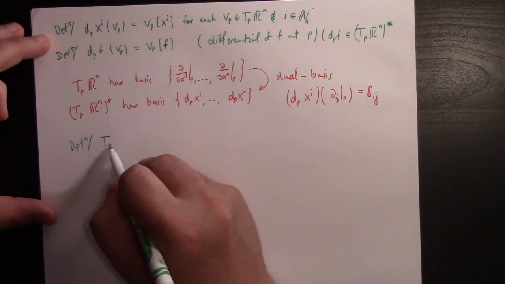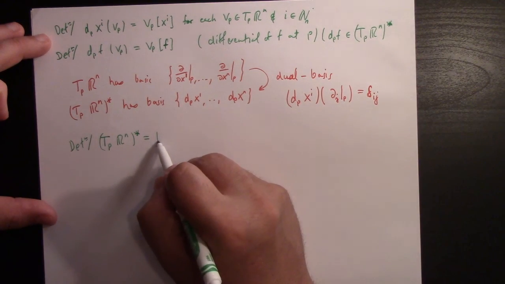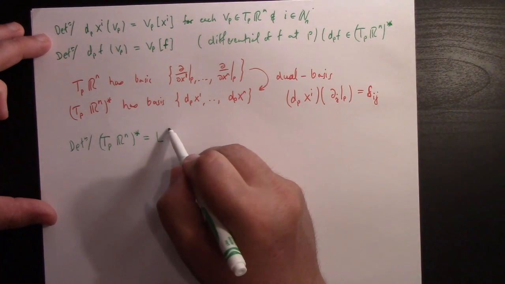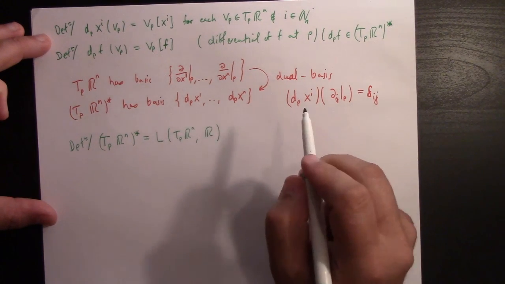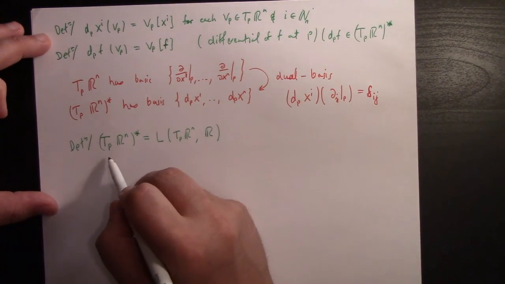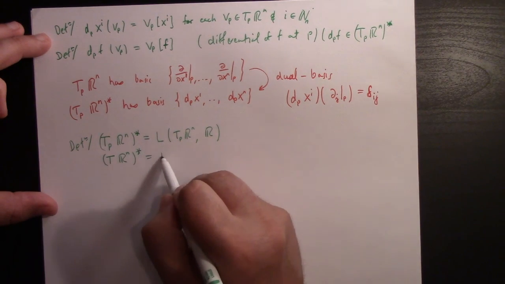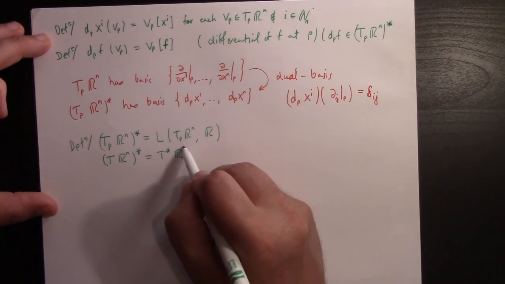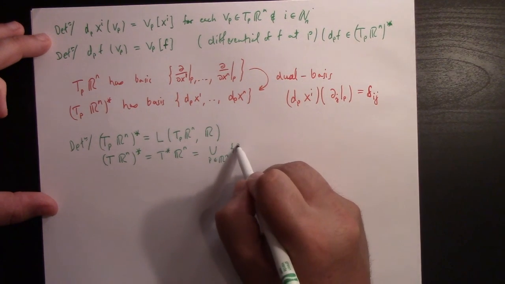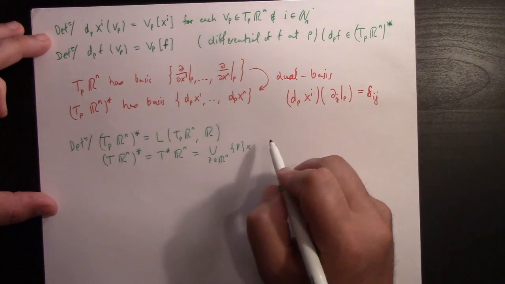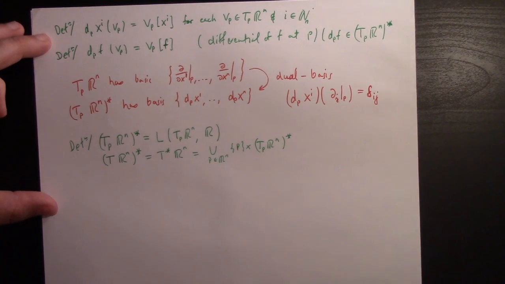The cotangent space, TpRn dual, is really linear functions from TpRn to R. And the cotangent bundle, which you could call T star Rn, or sometimes you'll see T dual Rn, whatever notation, is just the union over all the points p, Cartesian product with TpRn dual.